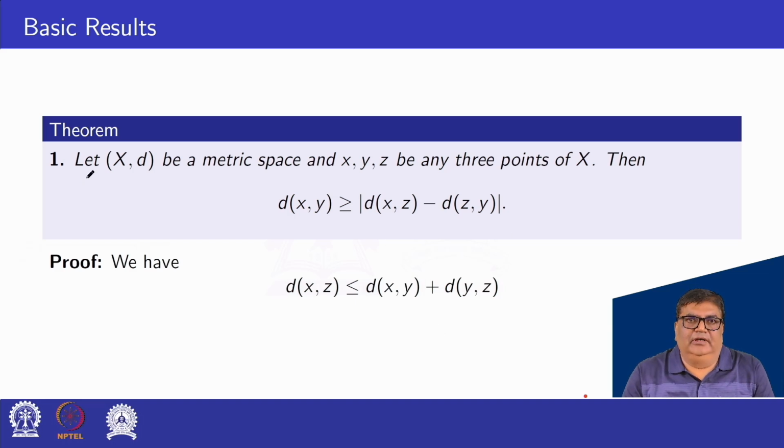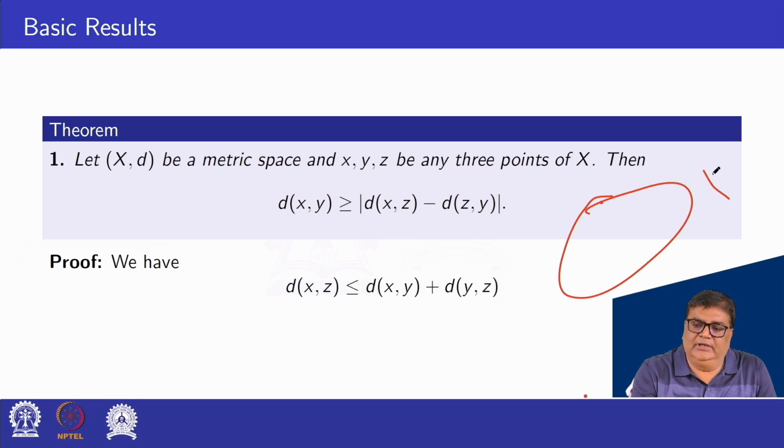Proof: let X be a metric space and points x, y, z be any 3 points of X, that is, this is the non-empty set X, 3 points x, y and z lie in X, then d(x,y) is greater than or equal to the absolute value of d(x,z) minus d(z,y).